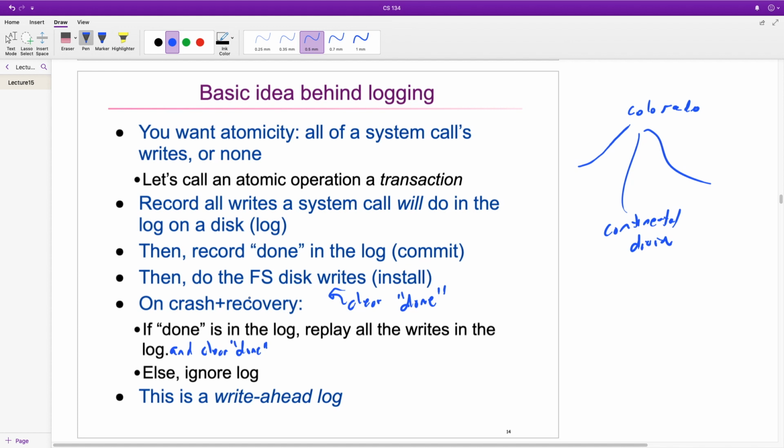So we may go ahead and write done and then update some other stuff in the log, and we'll see we don't actually really write the characters done. We're going to do something slightly different. We're going to just have a count of how many blocks are in the log. This is what we'll use. So we'll set it to 0. And so that effectively clears out everything else. Other questions?